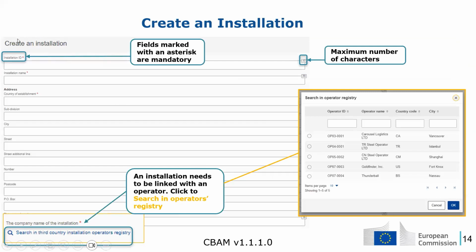So here you see the screen of the installation creation. This is the installation ID. All the mandatory fields are marked with asterisk. Here you can see that there is also indicated the maximum number of characters allowed in every field.